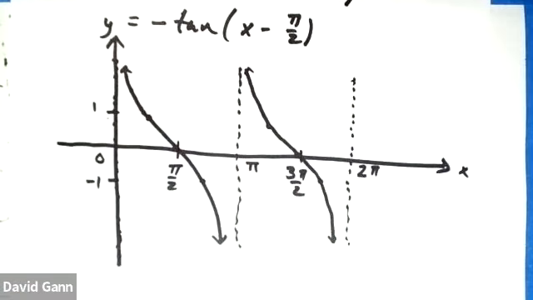So what I'd like to do is create a generic cotangent function, and we will extract the A, B, C, D values. First off, I'll produce an equation, and we will try to graph it based on our transformation properties.